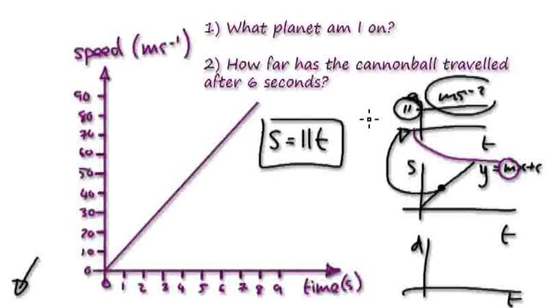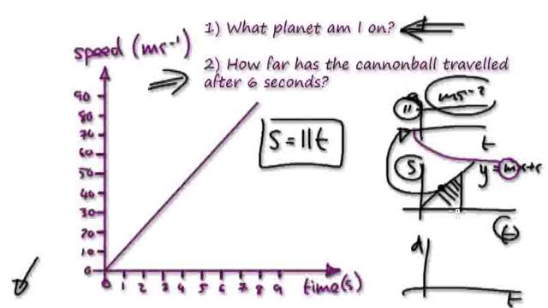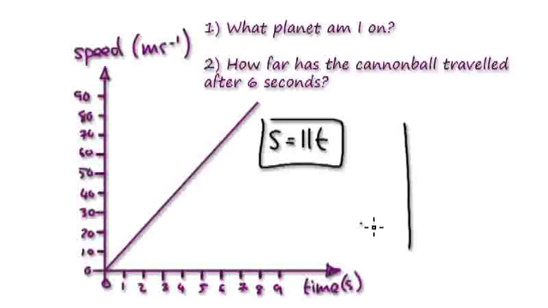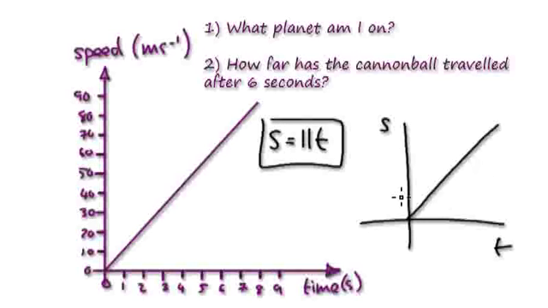So you have to go on the internet and look up the gravitational pull of all the planets in our solar system. And then to answer question 2, you have to find the area underneath this speed time graph. All you have to do is sketch it roughly; the speed time graph is a diagonal line like this.